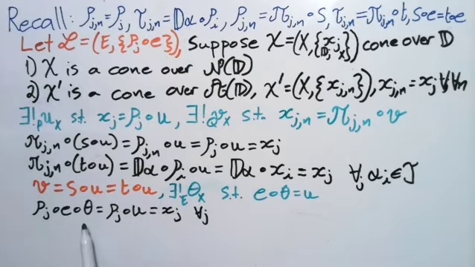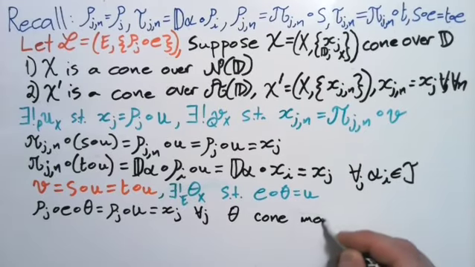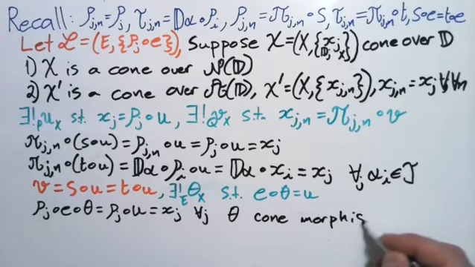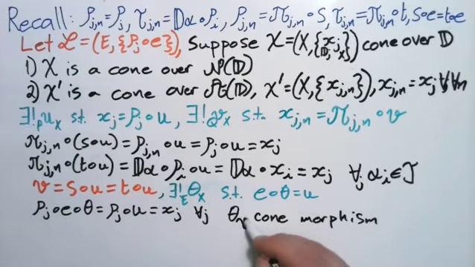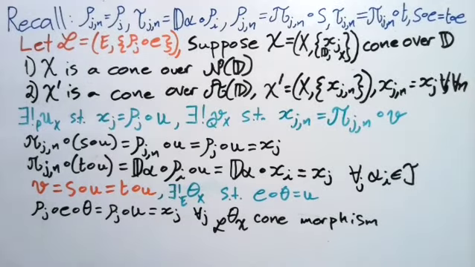So basically what this is saying is that theta commutes with the legs of L and the legs of x for every j, which means that it's a cone morphism. Theta is a cone morphism going from X into L. So we do have a potential mediating morphism.